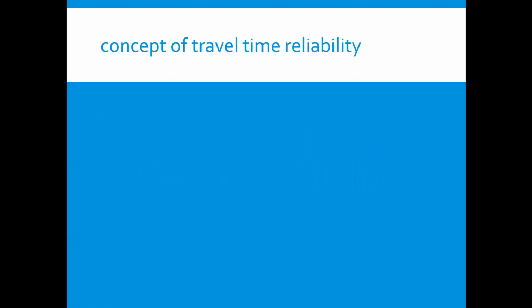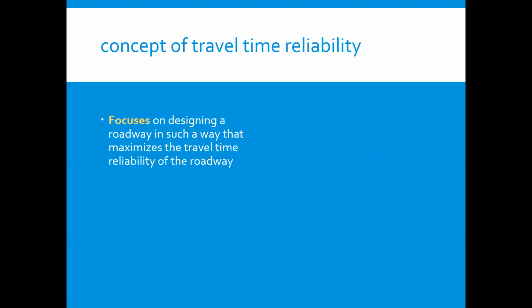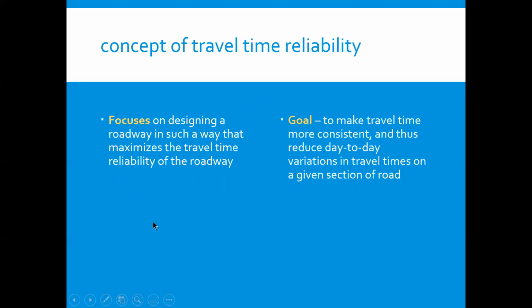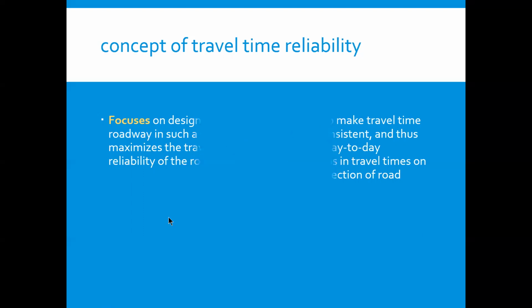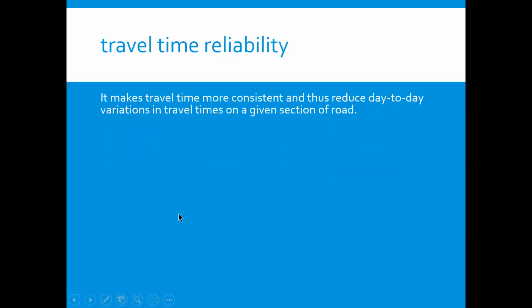Concept of travel time reliability focuses on designing a roadway in such a way that maximizes the travel time reliability of the roadway. The goal, to make travel time more consistent and thus reduce day-to-day variations in travel time on a given section of road.